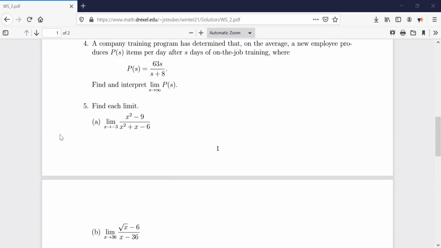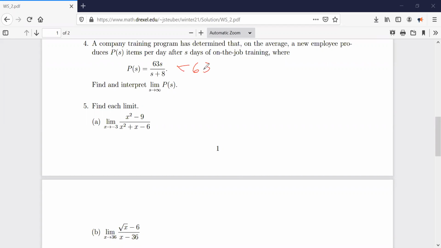Yeah, that's a good point when you're talking about how this models the real world rather than just as a mathematical thing. In fact, this is always going to be less than 63, no matter how big a number I pick.